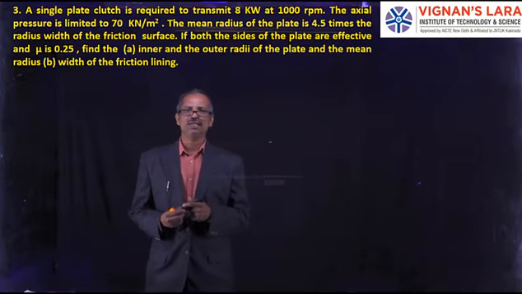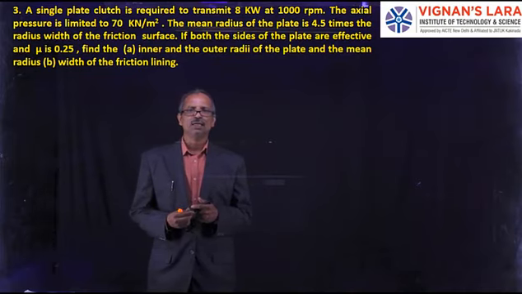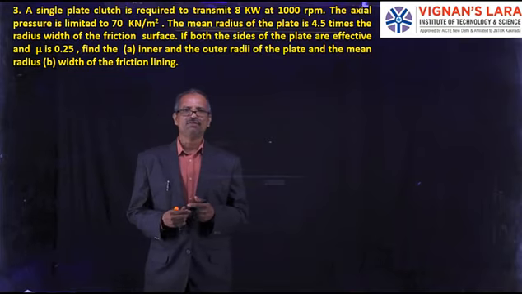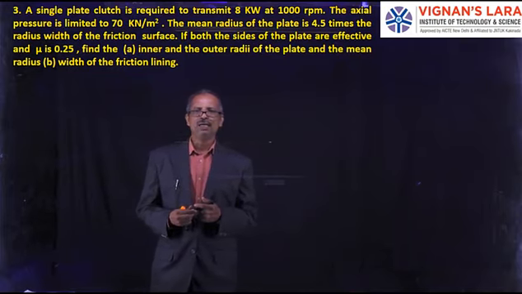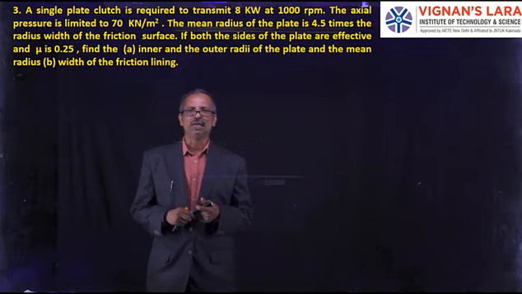That is not radius width, it is radial width. If both the sides of the plate are effective and coefficient of friction is 0.25, find the inner and outer radii of the plate and the mean radius, and also the width of the friction lining.